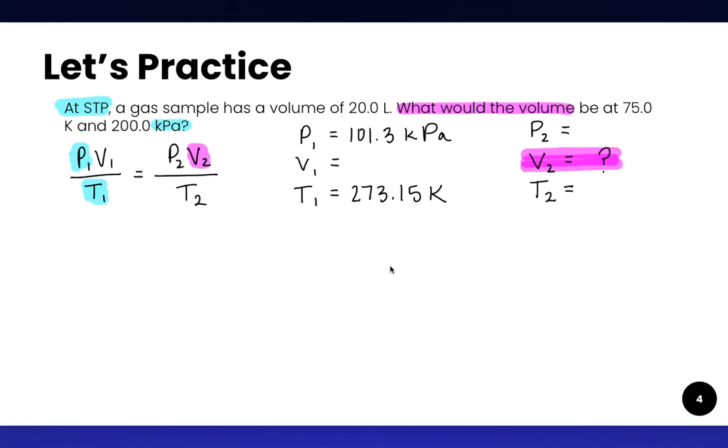Okay. The initial volume is 20.0 liters. P2 is 200.0 kilopascals.